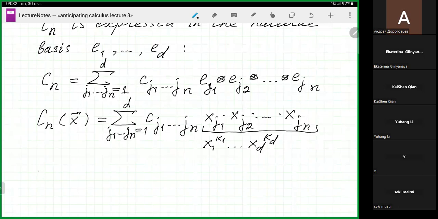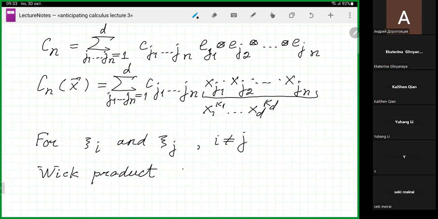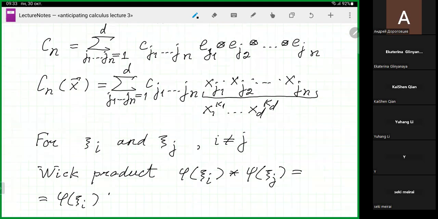I will say that for psi_i and psi_j, when i is not equal to j, the weak product of psi_i and psi_j is equal just to the usual product.